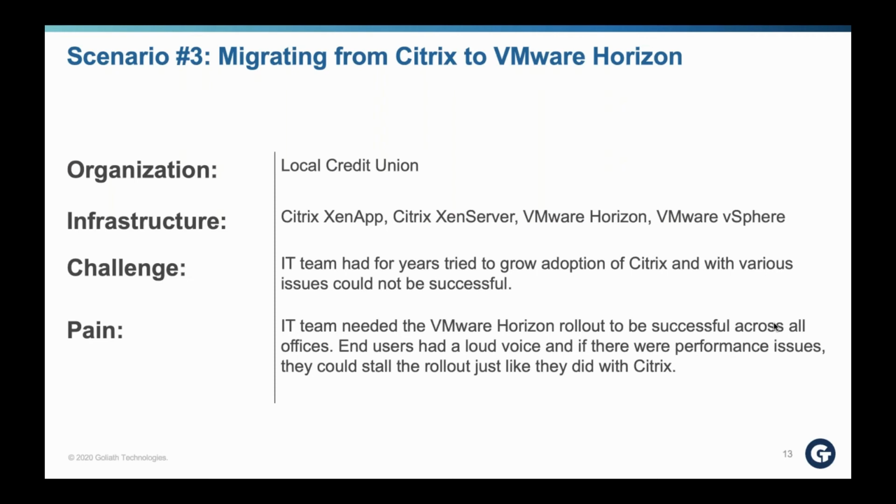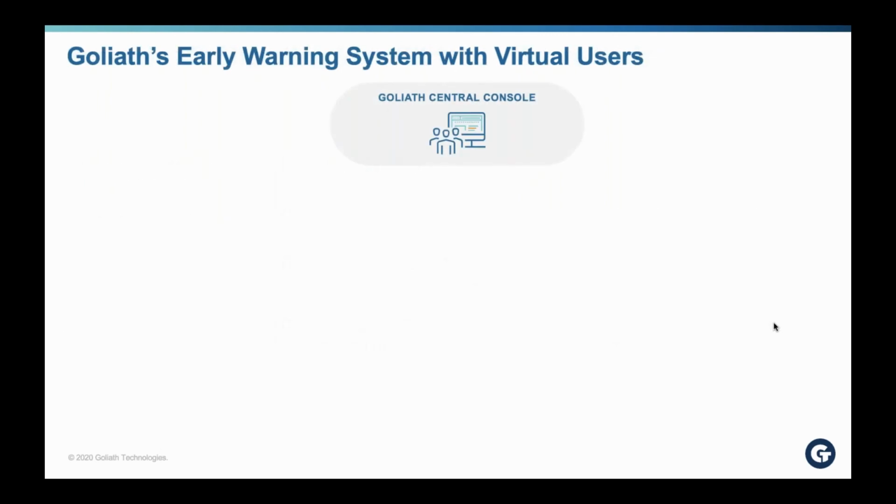So while rolling out the new VDI environment, they deployed the portion of the Goliath technology that is typically used as an early warning system.